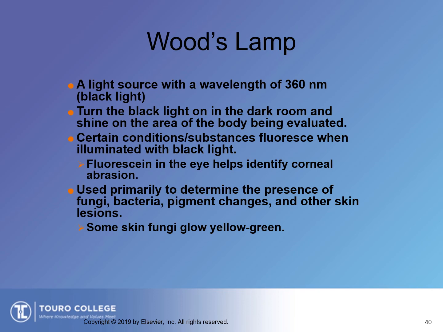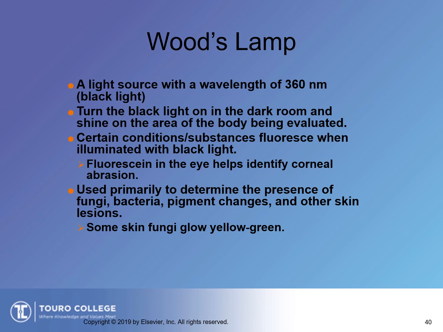If someone has a scratch of the cornea of their eye, you're going to take this bright neon yellow substance, which is called fluorescein, and you will place it on the eye, and it is going to stain the eye yellow. You'll take this Woods lamp or the black light and shine it into the eye, and you'll be able to see the corneal abrasion because it will light up.